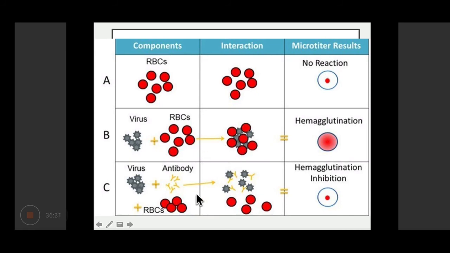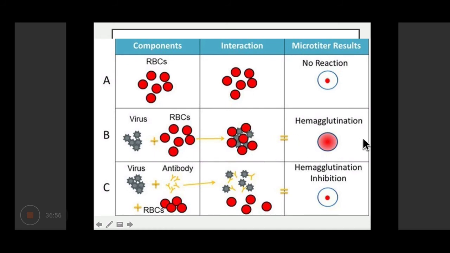But if you add specific antibodies against these viruses and then add RBCs, these antibodies would obviously bind the virus, and the RBCs would remain free, not agglutinate, and again settle at the bottom. So this test is known as hemagglutination inhibition.